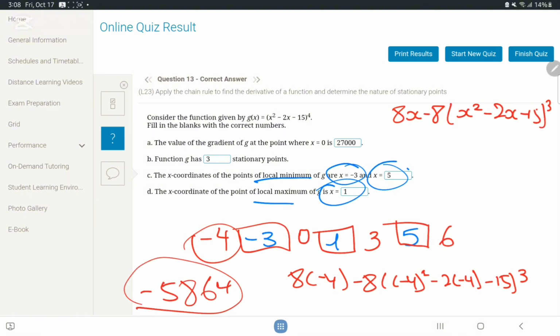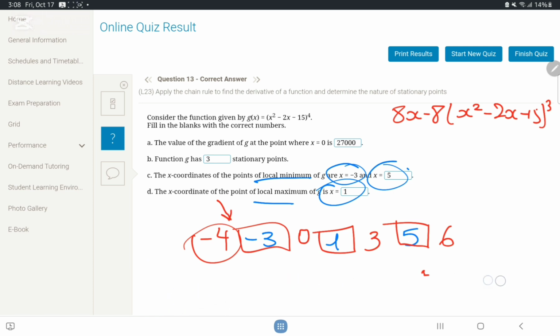So you will get a negative number, so it will decrease here. Okay, so what we are supposed to do is then substitute this one, then substitute this one, then substitute this one.